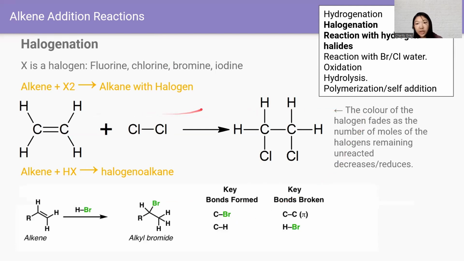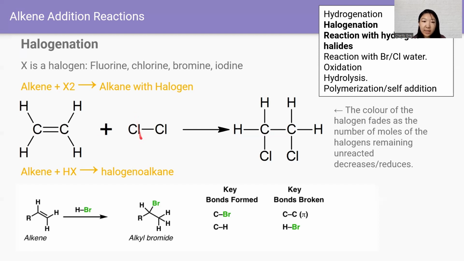In halogenation, where you're reacting with Cl2, the color of the halogen fades as the number of molecules of halogen remaining unreacted decreases. A lot of times you'll see halogens like Cl2 show a color.